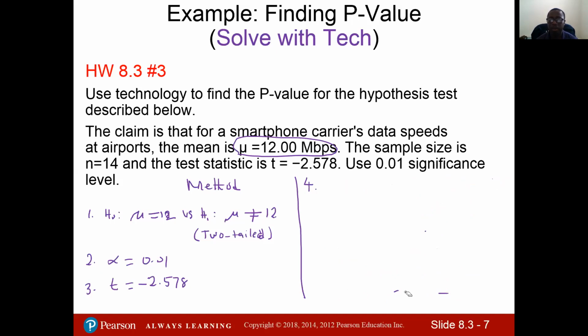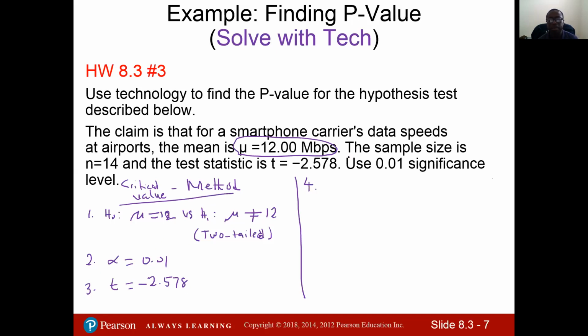All right. Now let us do the critical value method.